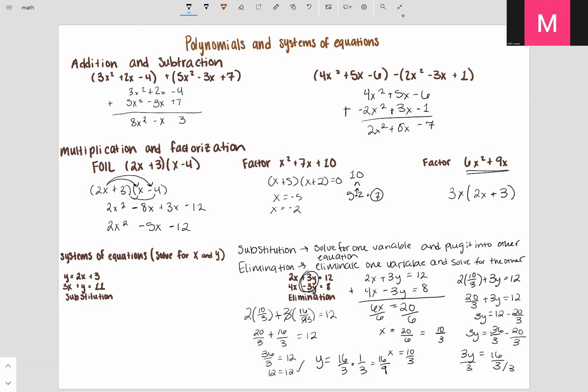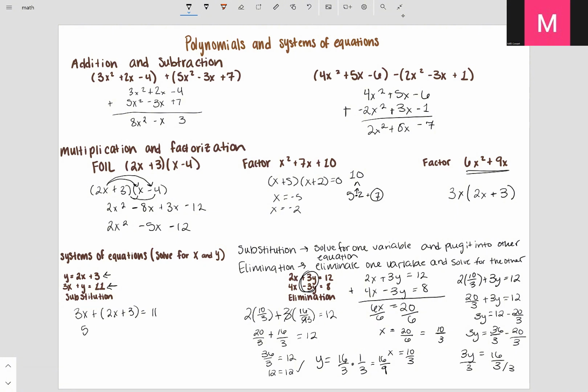Next, we can use substitution, where we solve for one variable and plug it into another equation. So here, we already have the equation solved for one variable. So now we'll just go ahead and plug it into this one. So we have 3x plus 2x plus 3 equals 11.